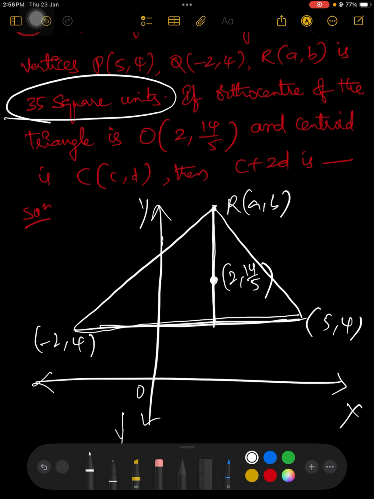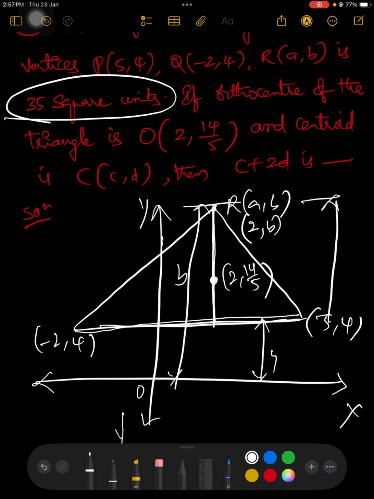Now the x coordinate a is nothing but 2, and this is b. The total length from here to here is b, and this is 4, so the remaining length is b minus 4. Since you don't know, (a, b) may be on the downside also, so I can say it is modulus of b minus 4, because distance is always positive.